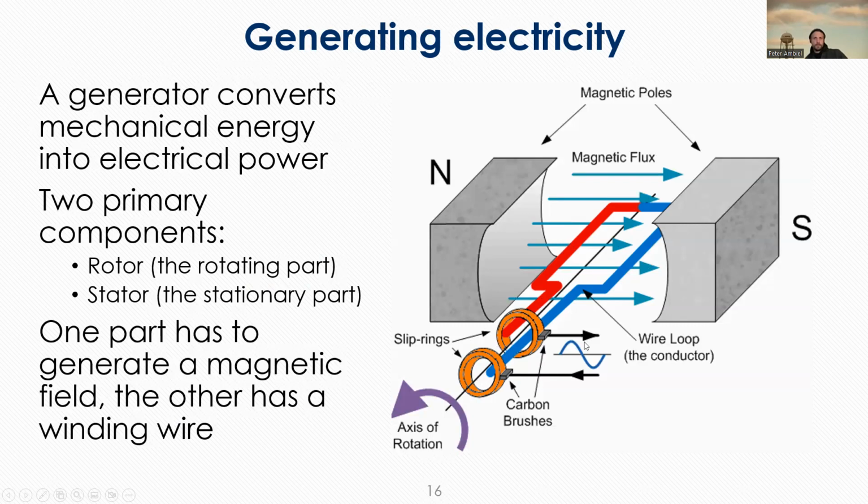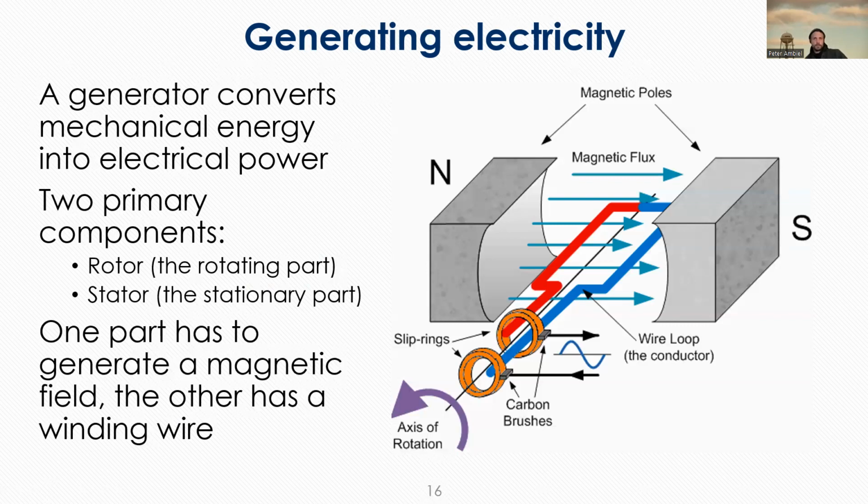So the basic punchline here is that spinning things creates electricity. The vast majority of all electricity that we consume today comes from spinning some type of turbine, with the exception of, let's say, solar, which doesn't require any mechanical energy, but basically everything else does.